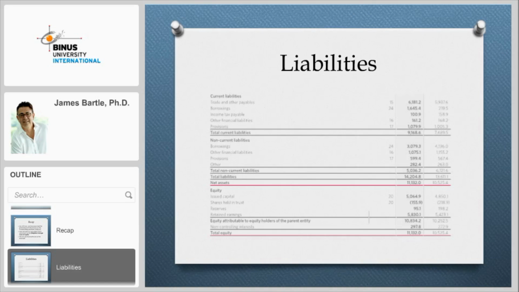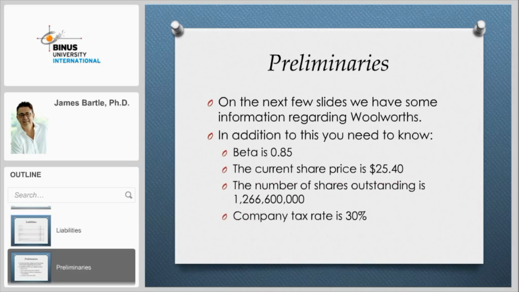Because what we're trying to do is work out the cost of capital to Woolworths, or their WACC, what we want to know is all about their liabilities. So here's the picture of their liabilities from the Annual Report 2015, which you have in front of you. The highlighted part is the year 2015, which is the part that we're really interested in.